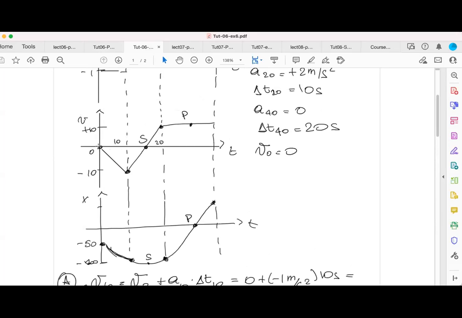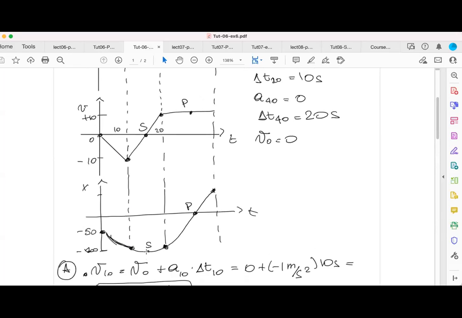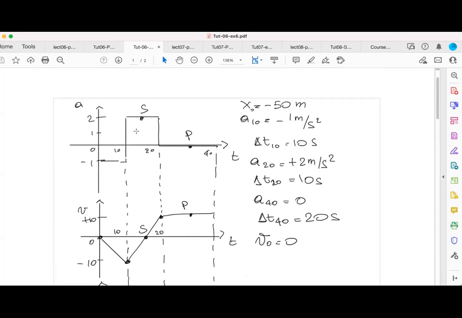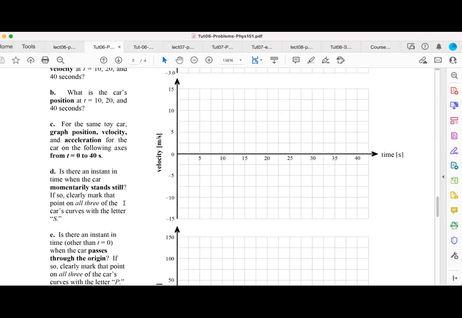So it's not the point that we are looking for. The point that we are looking for is this one here between 10 and 20, which is probably going to be 15. So this is the point. And if you want to see it, it is also here. And we can put the point also here in the acceleration just to see where it stands.